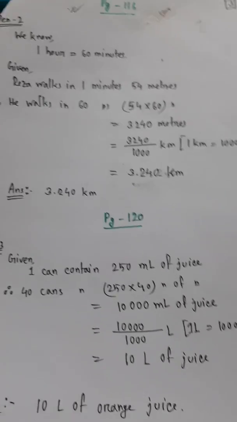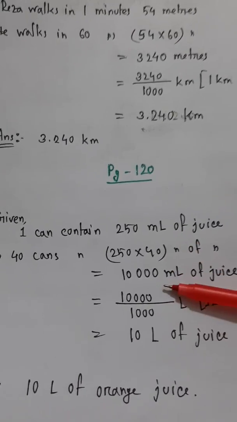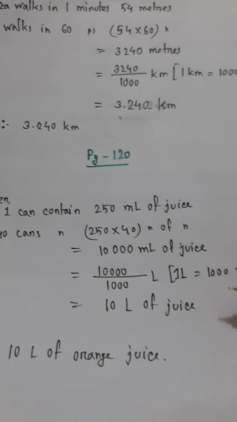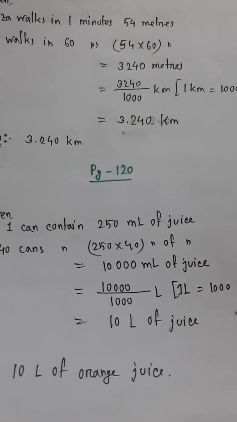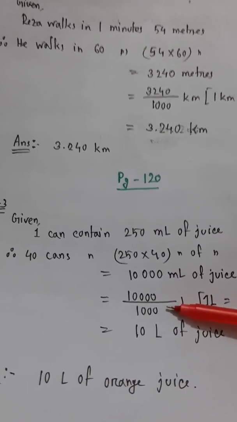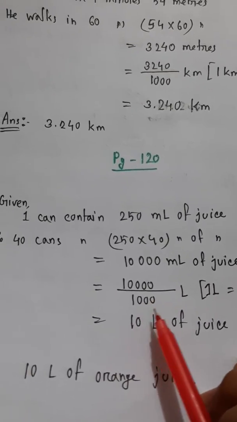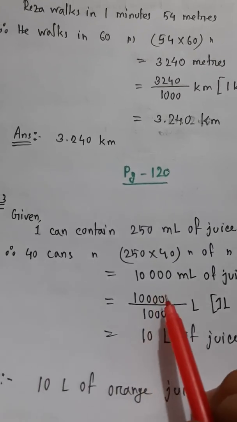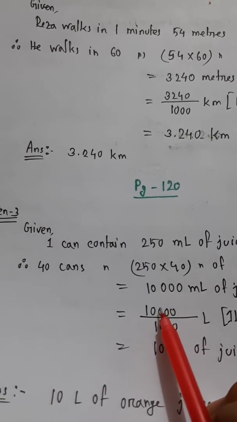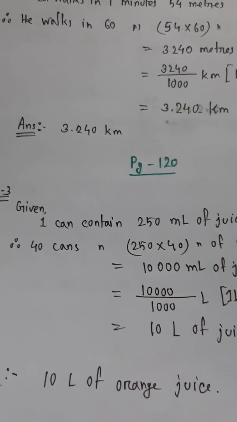But we express the answer in liters. Here we get milliliters. We know 1 liter equals 1000 milliliters. So we divide 10,000 by 1000. So the decimal moves to the left side by 3 digits. 10 decimal 000.